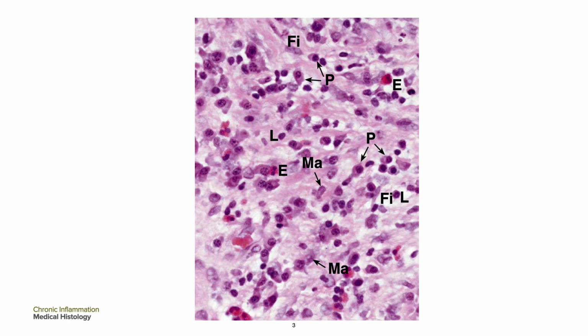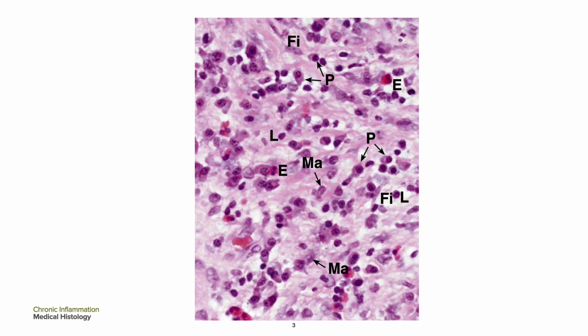Your lymphocytes, L, are seen as dark rounded nuclei with a thin, almost invisible rim of basophilic cytoplasm. These are the effector cells of the specific immune response and include both the helper and cytotoxic T cells as well as your B cells.